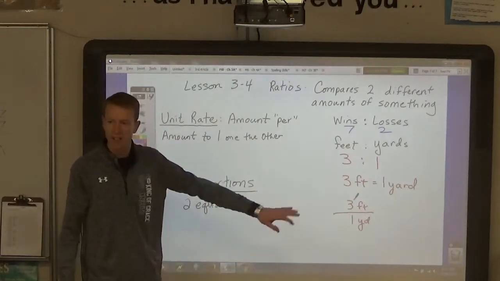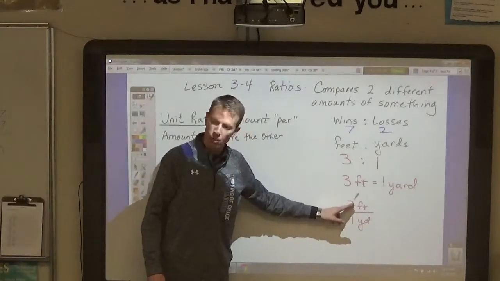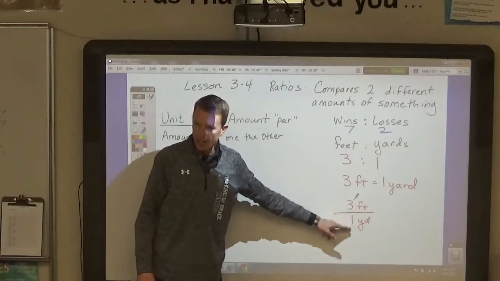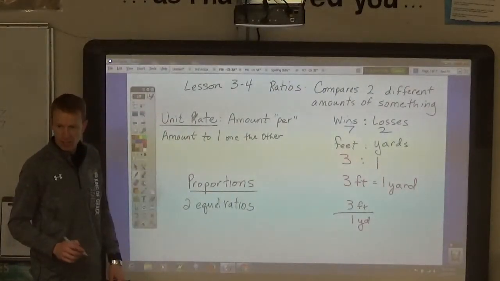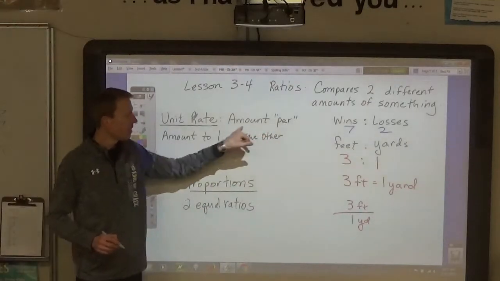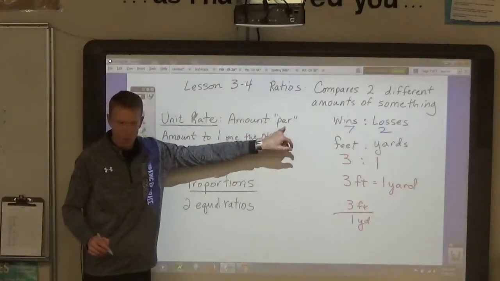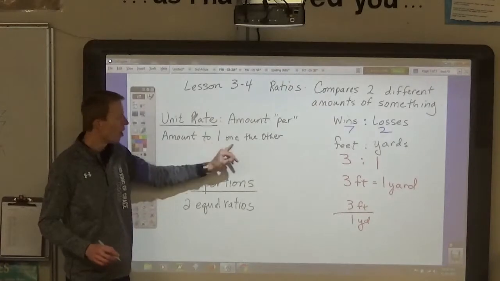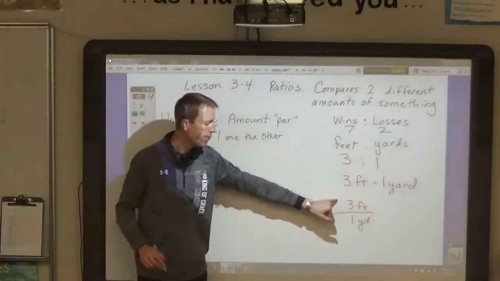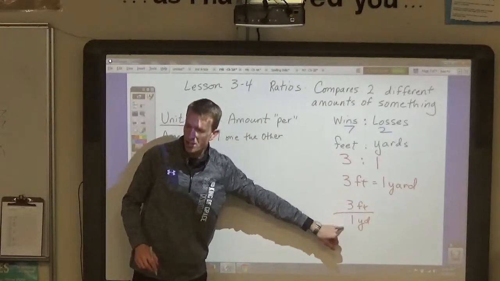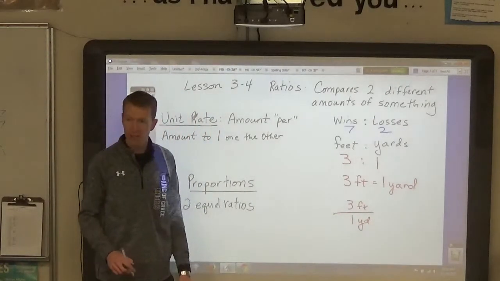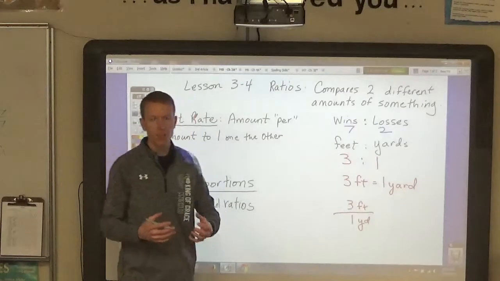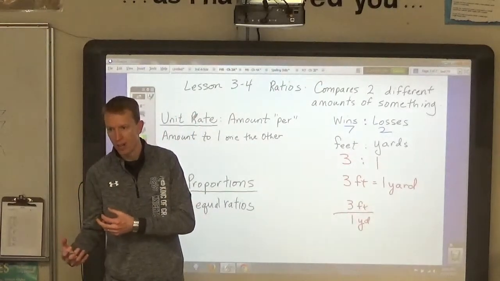Now, listen. When we write it this way, also, this is written as what's called a unit rate. Okay? Because the unit rate is the amount per, or it's the amount to 1 of the other. It's 3 feet to every 1 yard. That's called a unit rate. Okay? Or you could say it's 3 feet per what?